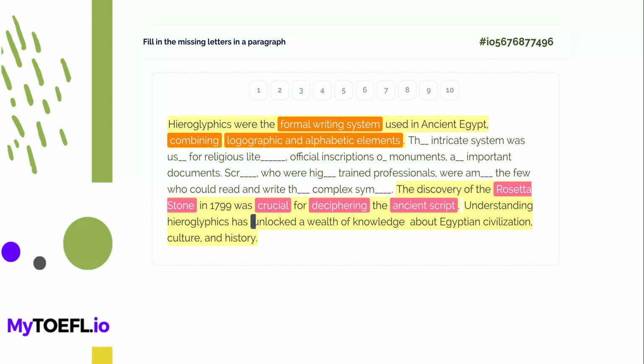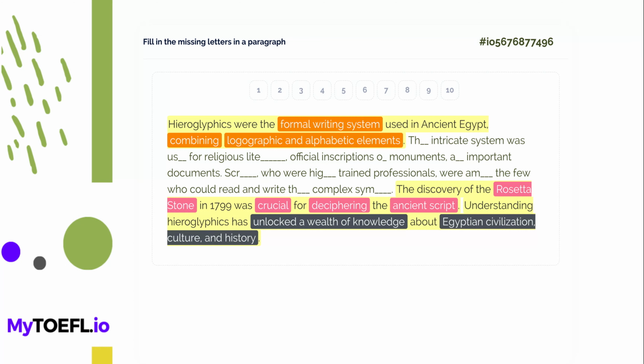The phrase, unlocked a wealth of knowledge, is a beautiful metaphor. It suggests that knowledge was locked away and inaccessible until we could read the script. This knowledge covers three major areas: Egyptian civilization, culture, and history. Knowing this helps us realize how significant the scribes and the writing system were.